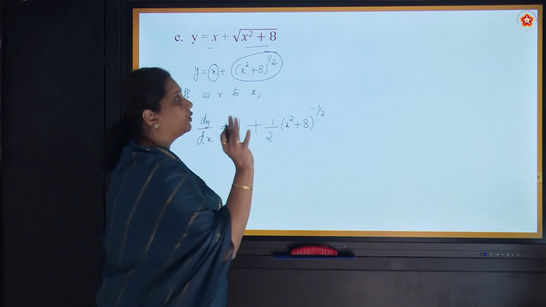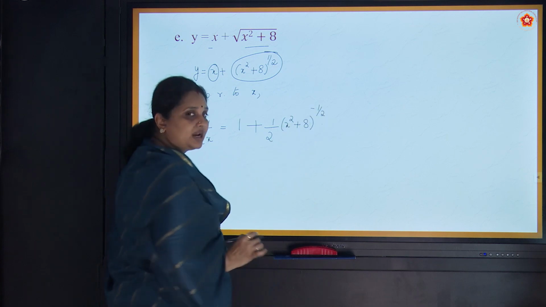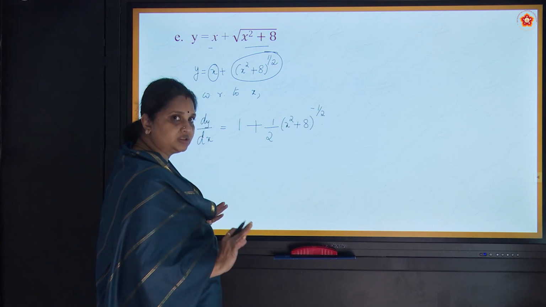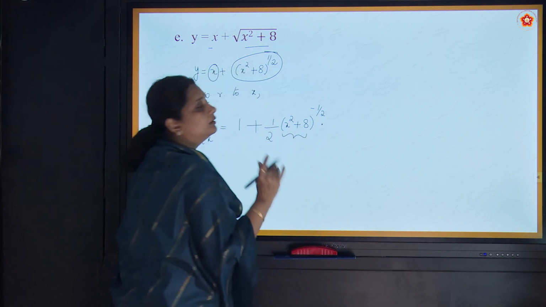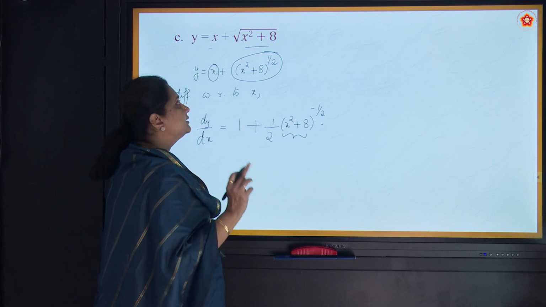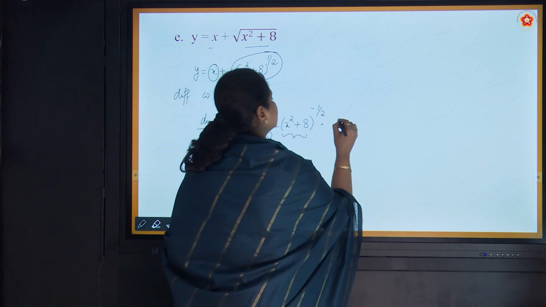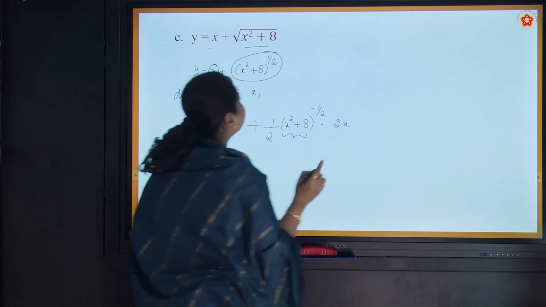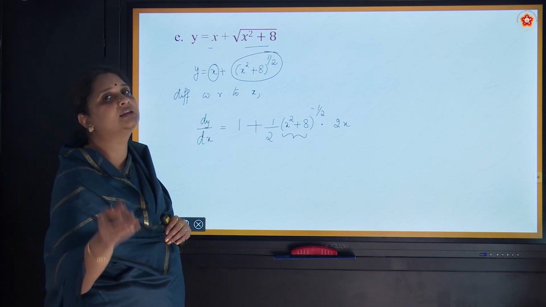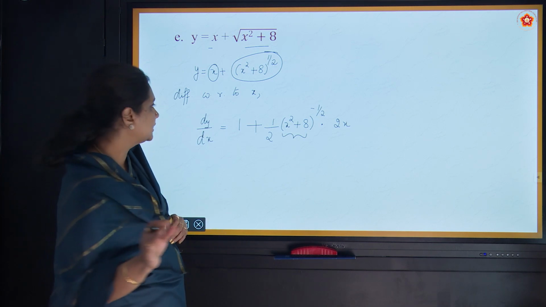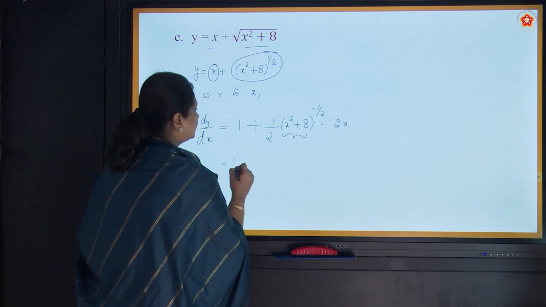So first step is always to bring down the power and subtract 1, keeping the base unaltered. Into the second step, you will differentiate the base. So x squared plus 8 on differentiation gives you 2x. If you write it as 2x, the whole half, 2x, the whole power minus half, the entire answer goes wrong. So this you need to be very, very vigilant about.